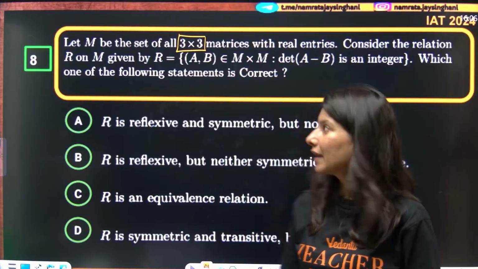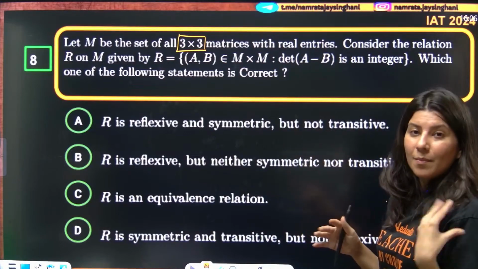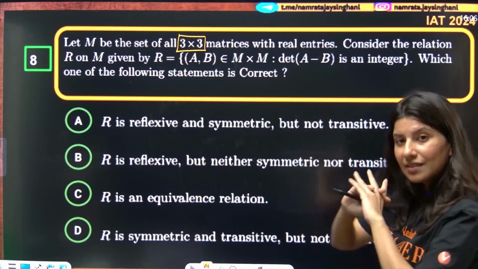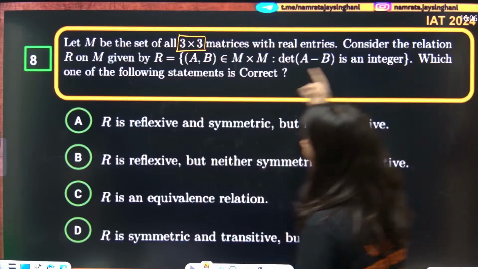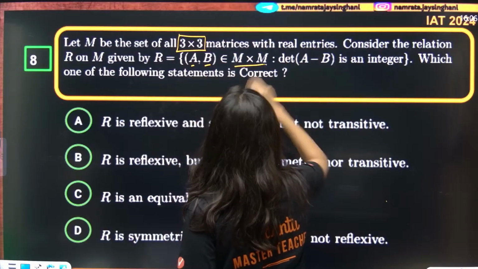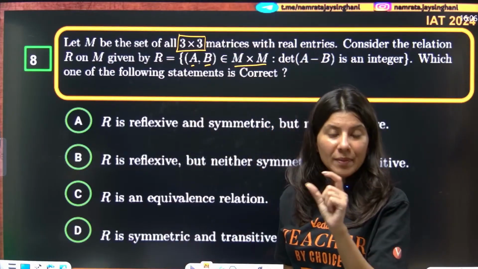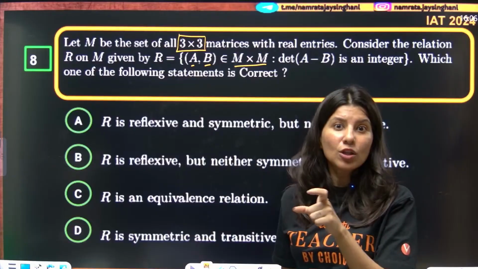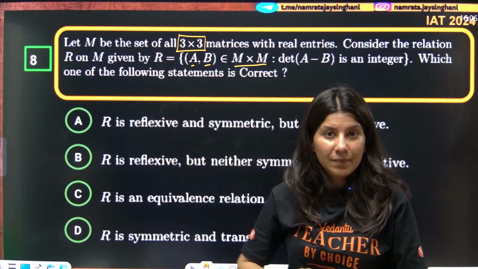Consider the relation R on M given by (A, B) belongs to M cross M. Now see what is happening. A is a matrix, B is also a matrix picked from set M.